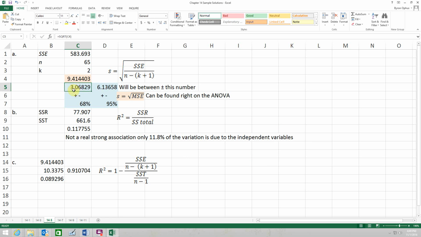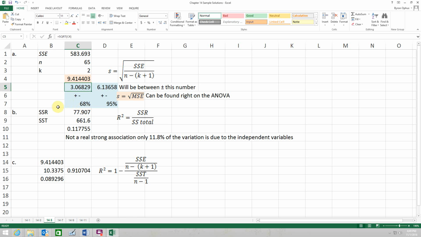So it's 3.06. What that means is, if you're looking at that standard bell curve we usually look at, 34% on either side of the midpoint, then for this particular ANOVA it'll be plus or minus this number.